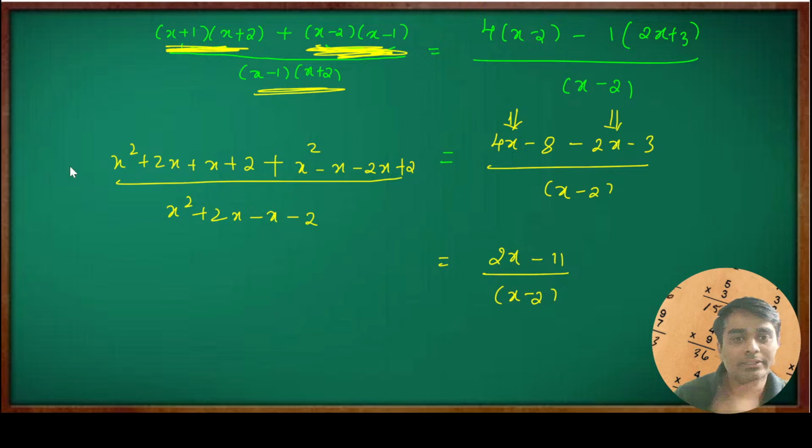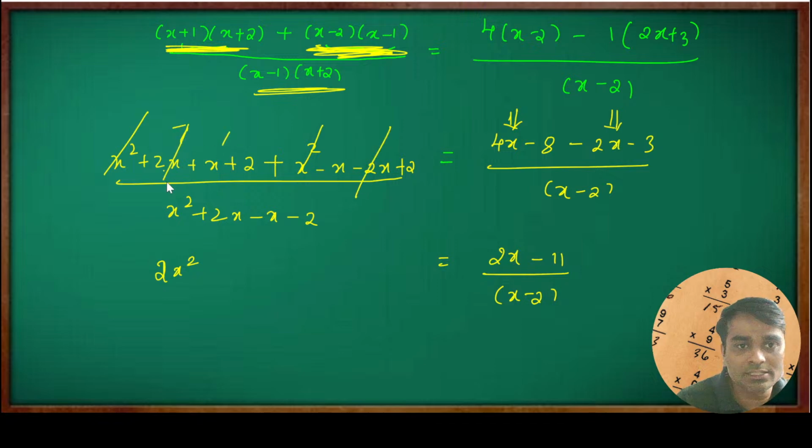What will happen here now, let's see the numerator part. x square, 2x square, I'm not cancelling it, don't think I'm cancelling. 2x square, then 2x, 1x, 3x, these things will get cancelled simply. 2x square, and here I have plus 2 plus 2, 2x square plus 4 divided by, here what will happen, x square plus x minus 2.